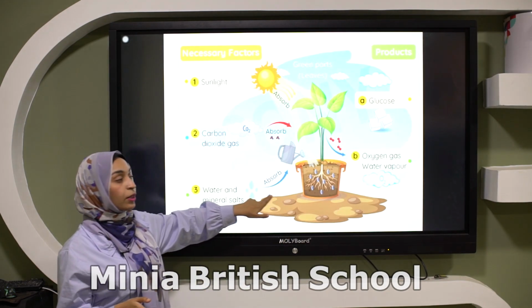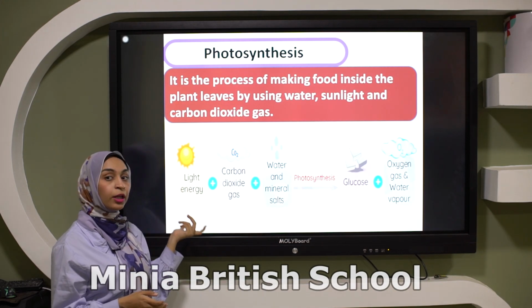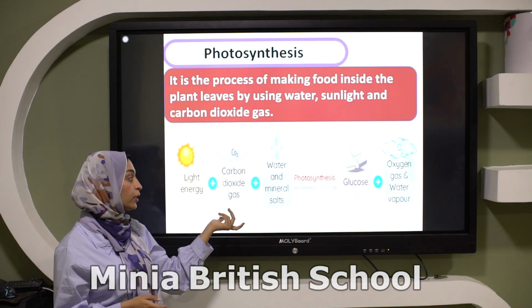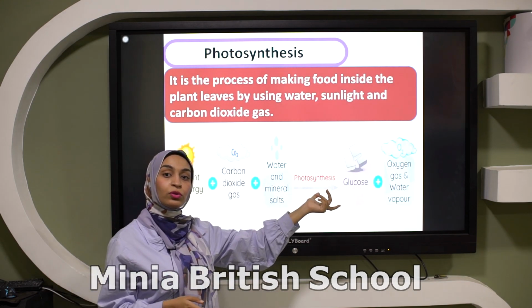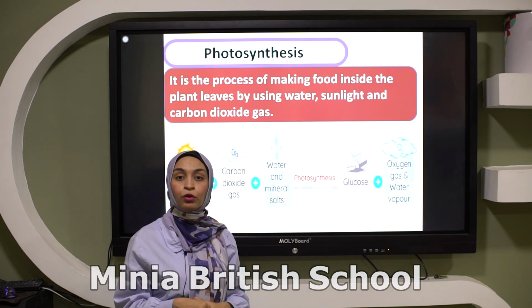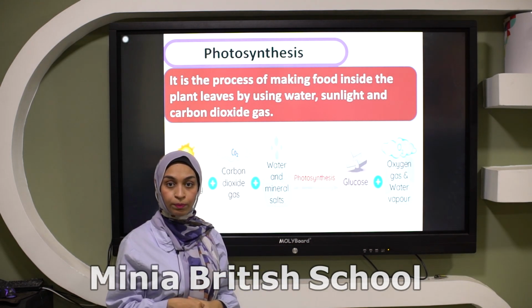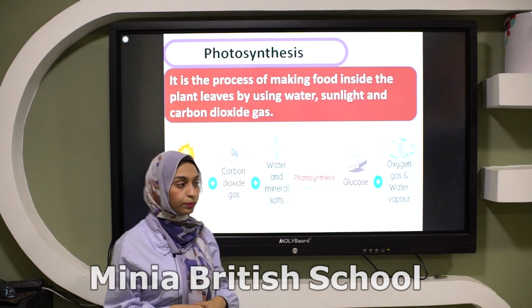If we summarize the photosynthesis process in an equation, we can write: light energy plus carbon dioxide gas plus water and mineral salt. The photosynthesis process produces water vapor, oxygen gas, and its food in the form of sugar called glucose, which means that the plant can make its own food, so we can call it a producer.